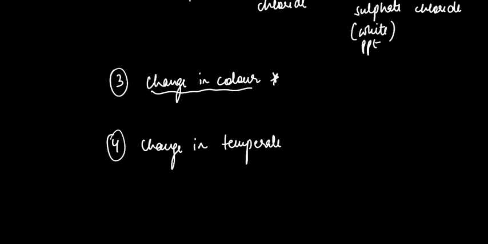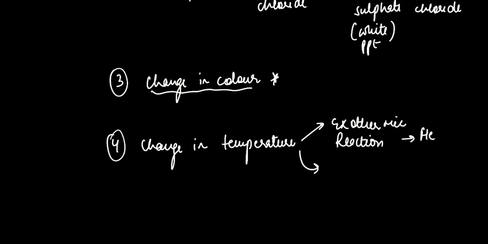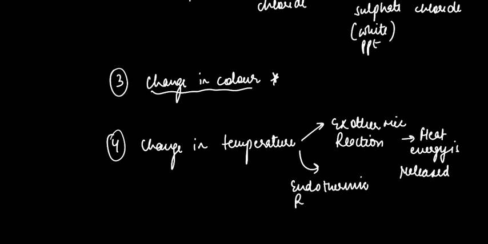Change in temperature. So when it comes to temperature change, we have two types of chemical reactions. One is called exothermic reaction. Exo meaning heat energy is released. And then we have endothermic reactions.